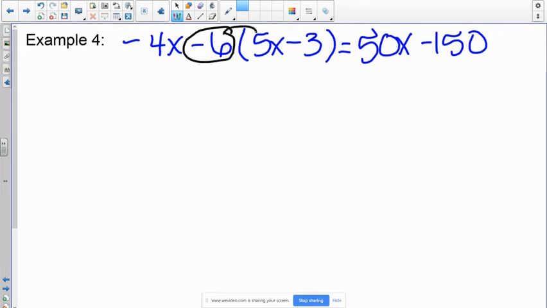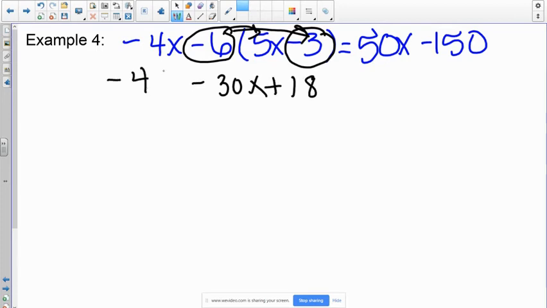So negative 6 times 5x is negative 30x. Negative 6 times that negative 3 is a positive 18. And then we're just going to pull down all the extra stuff. So notice I just pulled down negative 4x since I haven't dealt with it. And then I pull down the right side of the equation.